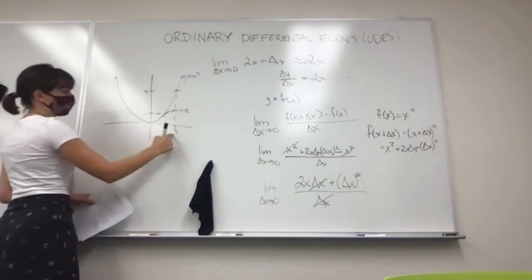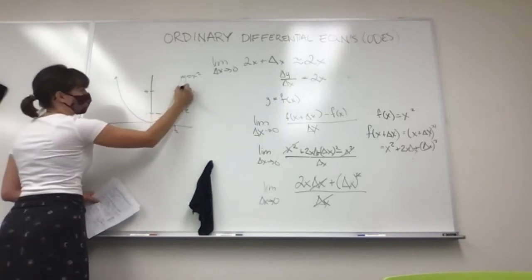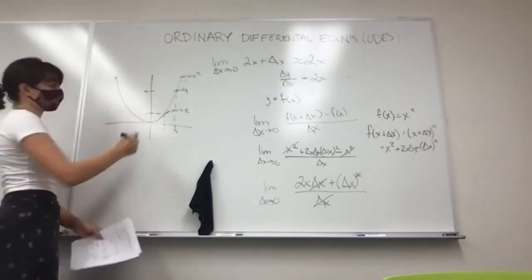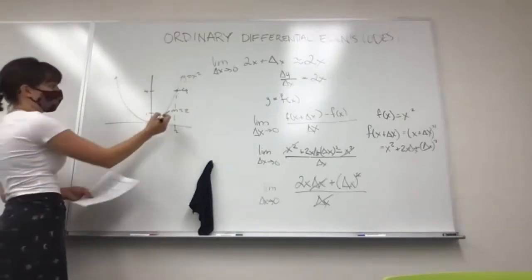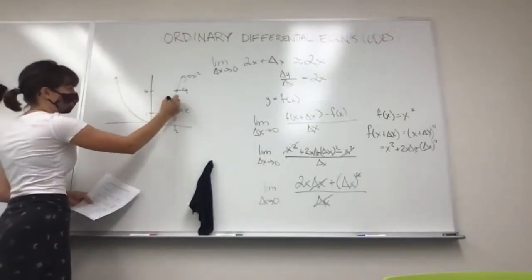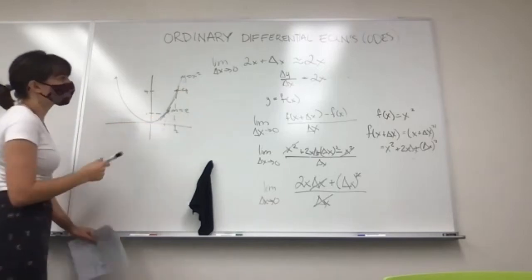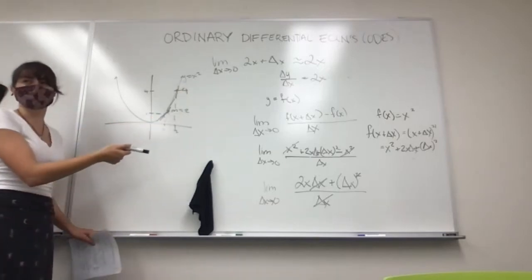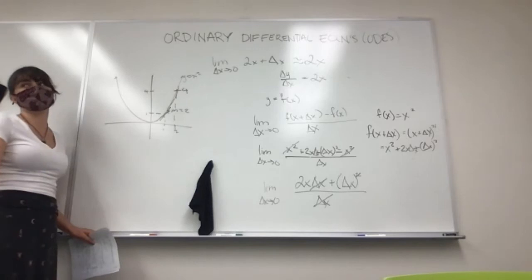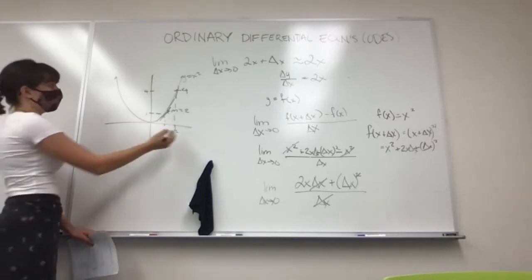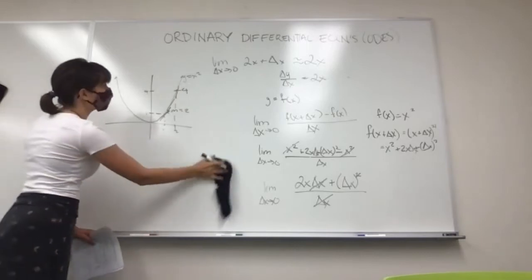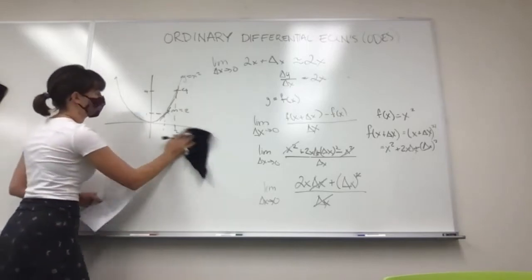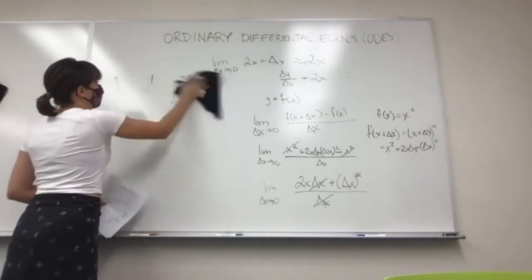I said, okay, x is 2, the slope of here, 4. And I can do that for any point on this line. So now rather than having to calculate these weird tangent lines, even though that's kind of what this is doing, we have this continuous curve that represents how y changes with respect to x. Okay.